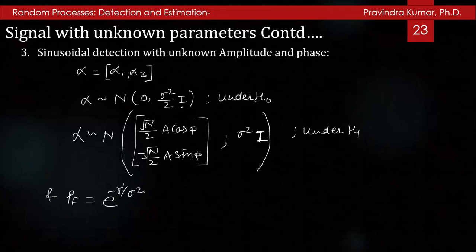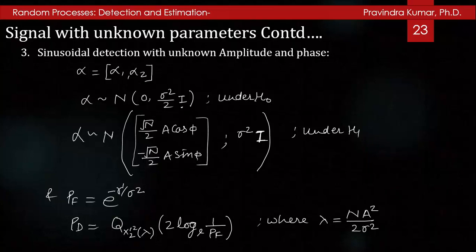You can calculate this, and the probability of detection is Q of χ'2²(λ), which is the Q function, where λ is NA²/(2σ²), and Q χ'2²(λ) is the integral from x to infinity, and χ'2² is a random variable.